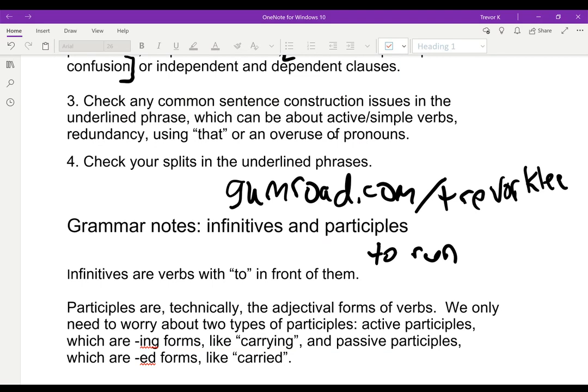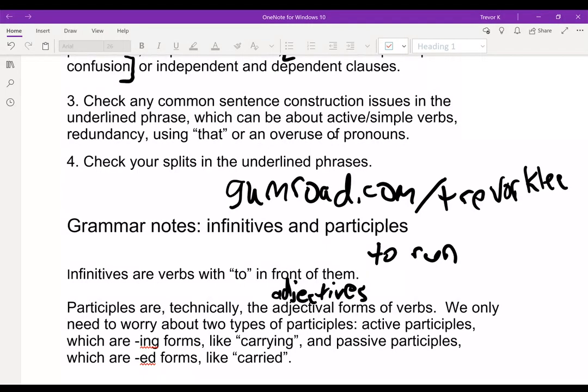Infinitives are just verbs with to in front of them. So what are participles? So participles are technically the adjectival form of verbs. So they're adjectives or descriptors or modifiers. So when we're talking about participles, we're really only talking about two forms that matter. So they're active participles, which are ing forms like carrying, and they're passive participles, which are ed forms like carried.